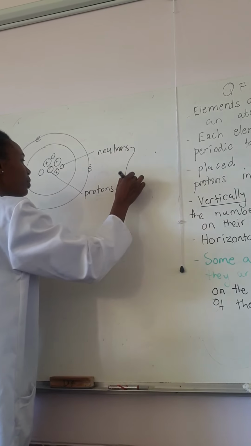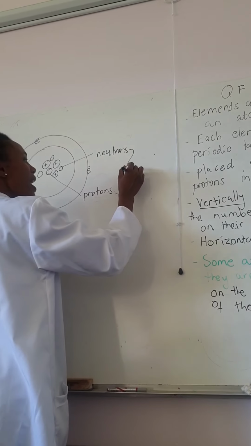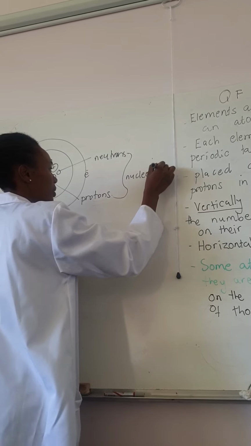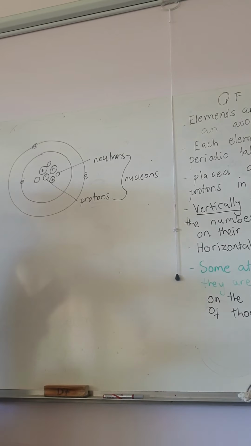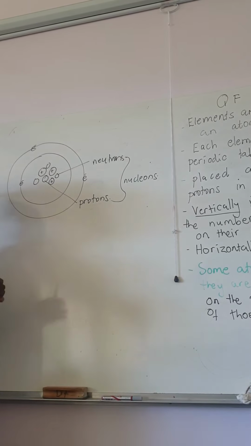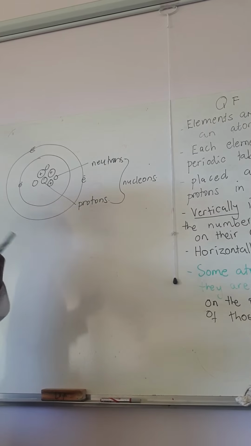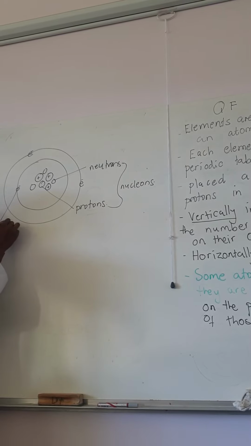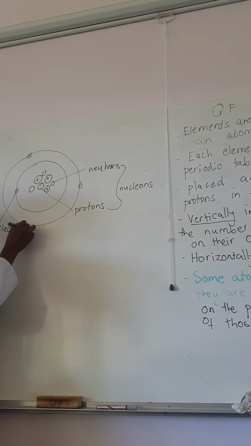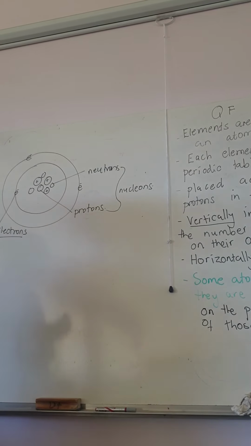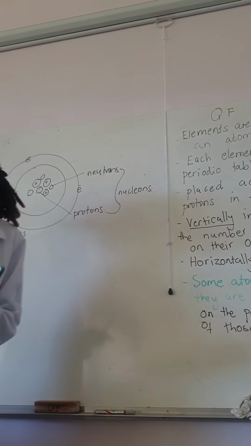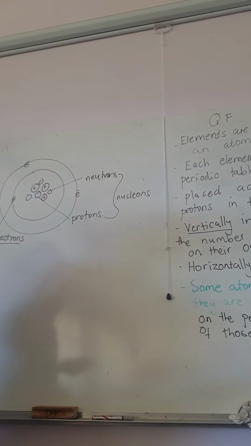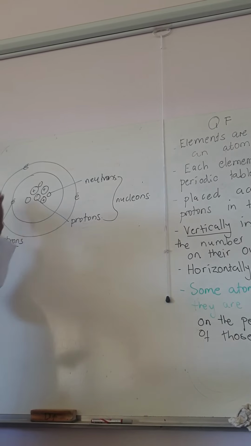These two are known as the nucleons, because they are found in the nucleus and they are the ones that make up the mass of the atom. And then we have our electrons. So basically, this is the structure of an atom, where we have our protons and neutrons in the nucleus, and then we have our electrons.